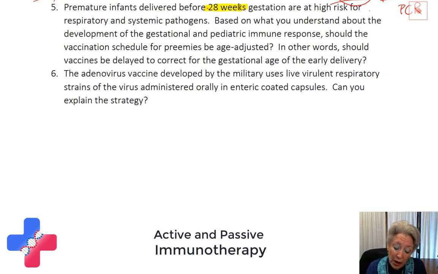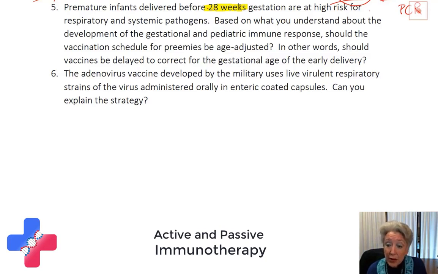The problem becomes that I always have to think about the lack of that maternal antibody and the need perhaps to institute stimulation of the child's immune response in the absence of that. So I might not want to hold off any longer in vaccinating because I have to remember the child didn't have that protective response from the mother.